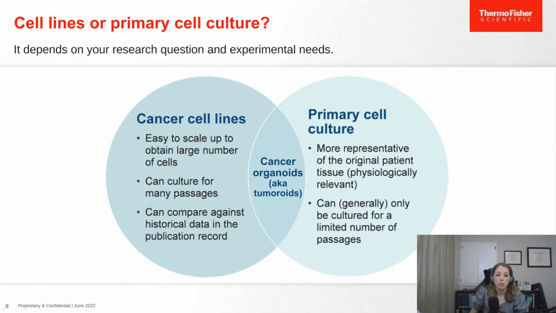The culture method for these can be relatively difficult, but it may be worth it for your research if you desire high physiological relevance. One final note: rather than choosing one or the other, these can be used in tandem or sequentially, with your research starting with cell lines to narrow the scope, then moving to primary cell culture later for later studies, for instance.